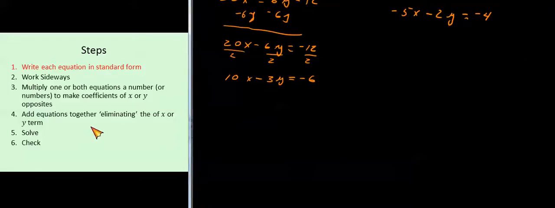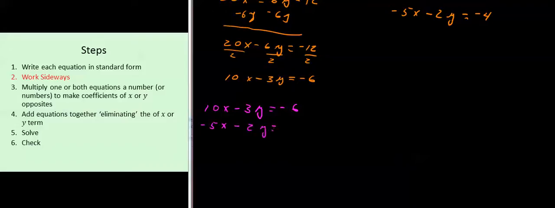Step 2, work sideways. What I'm going to do is rewrite these two equations. 10x minus 3y equals negative 6, and negative 5x minus 2y equals negative 4.